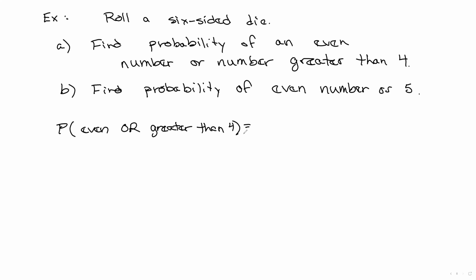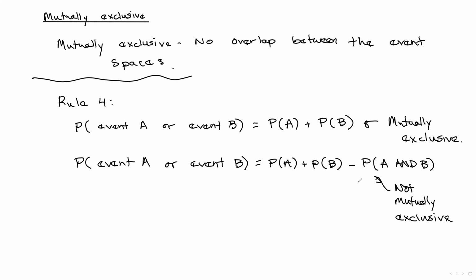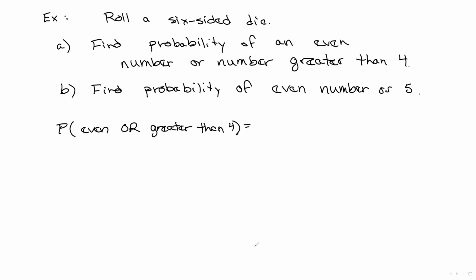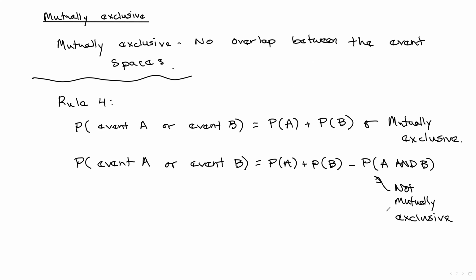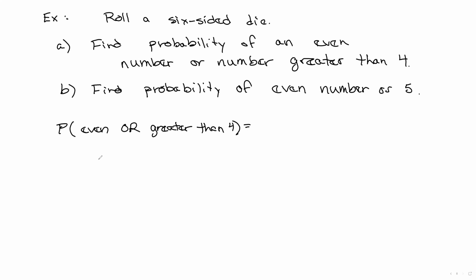If so, then we want to use the second formula. Meanwhile, if they are mutually exclusive, if you cannot be even and be greater than 4, then we can use the easier, first formula. In this case, if you sit down and think about it, or if you just list out the possibilities, you will discover that there is an even number that is greater than 4. And so these are not mutually exclusive.